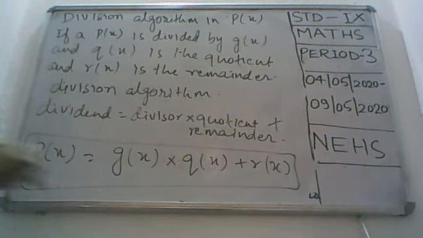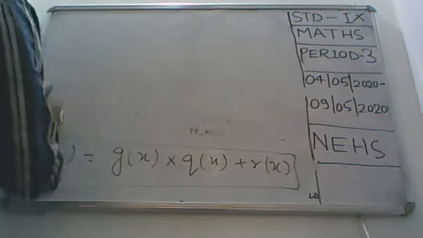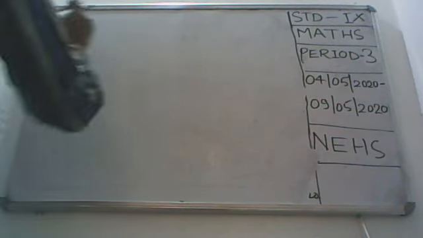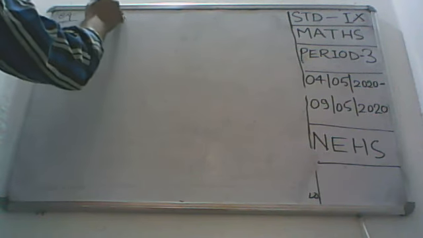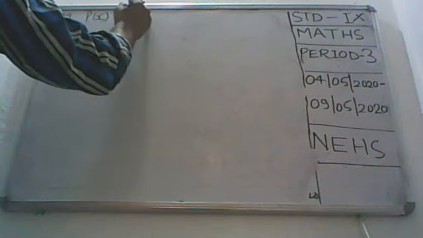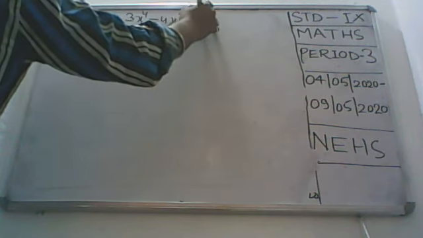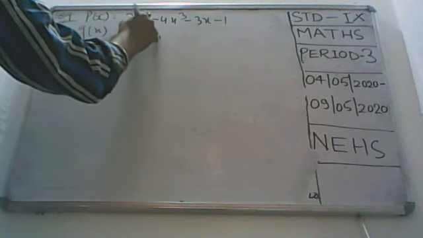So now I will solve one example here, and it will be proved. Just see this example. Example 1: suppose that Px is equal to 3x to the power 4 minus 4x cube minus 3x minus 1, and they are saying Gx is equal to x minus 2.